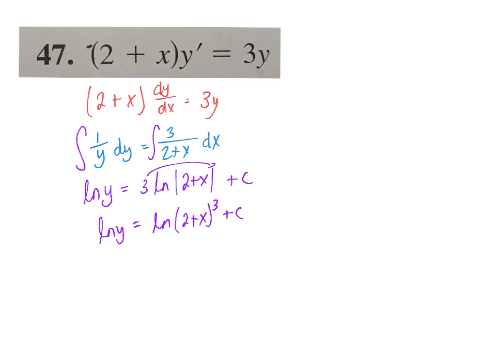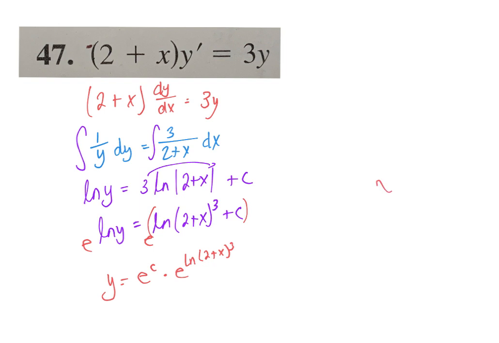And you're solving for y here, so you want to get rid of your ln, and you're going to just do the e of both sides there. So you have y equals e to the ln of x plus c. And remember, when you have bases and you multiply them, you add their exponents. So basically you could rewrite this as e to the c times e to the ln of 2 plus x cubed, right?